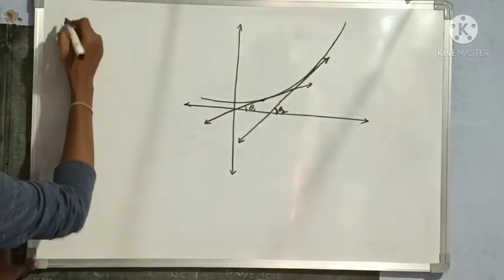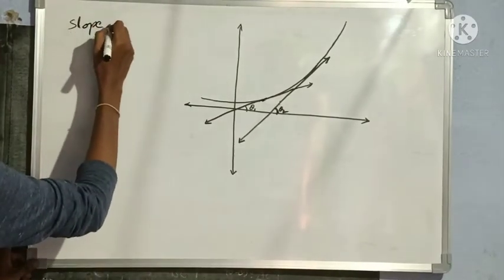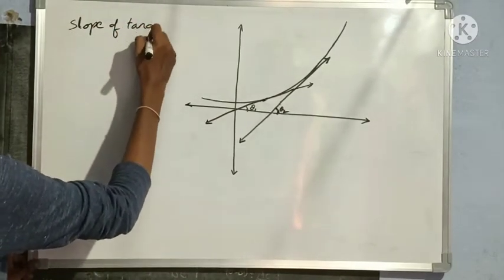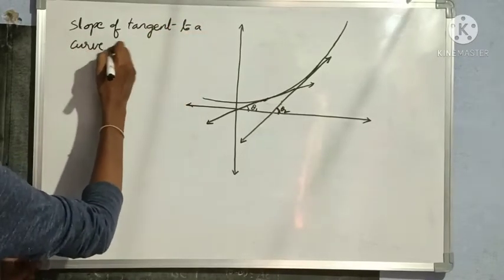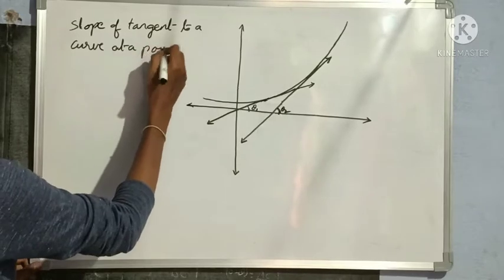That's why we are using the slope of tangent to a curve at a particular point.